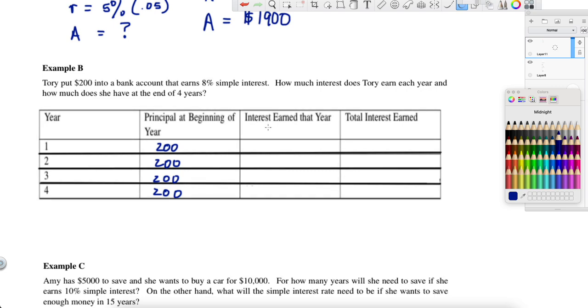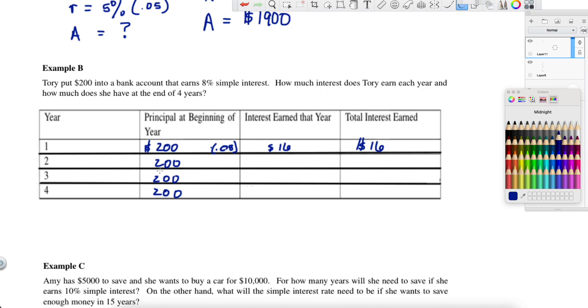So the interest earned this year is going to be 200 times 8%, right? So if we multiply 200 times 0.08, that would be $16. So this is dollars here. So we would get 16 bucks, and so the total interest that we have earned is 16.